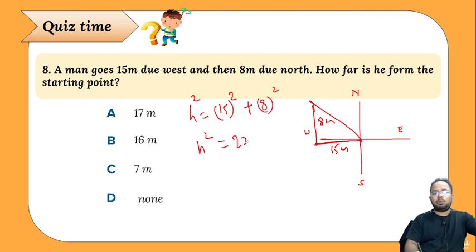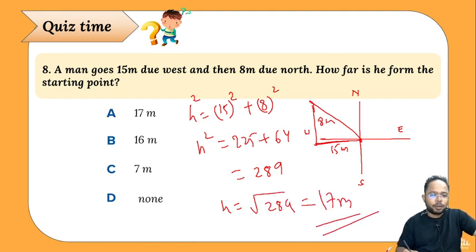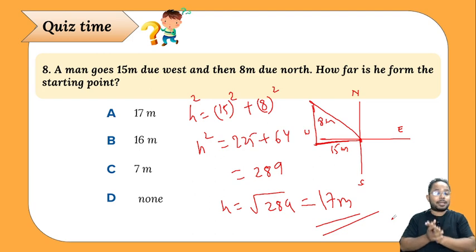h square is equal to 225 plus 64, that is 289, that is under root 289 gives us 17 meter. Okay, so I hope everyone has understood now how we can do the Pythagoras theorem, how we have used the properties of inequalities, where we have understood that the sum of the two sides of the triangle should be greater than the third side and the difference of the two sides must be less than the third side.